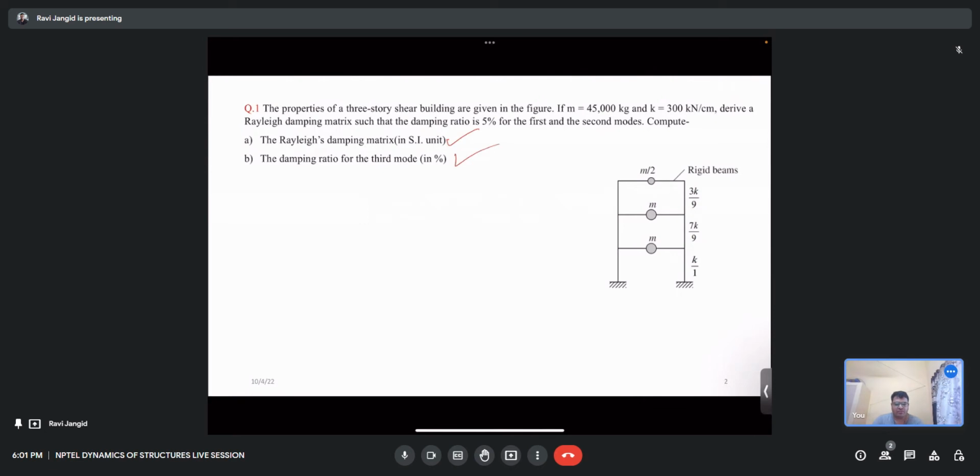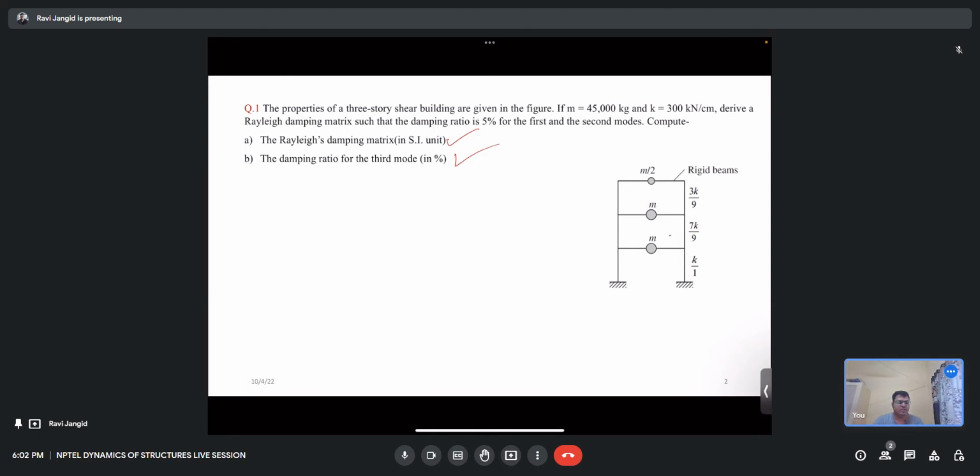For this, in multi-degree of freedom, the first part is to generate the mass matrix and the stiffness matrix, and then we will need to find the eigenvalues and eigenvectors, because in every multi-degree of freedom problem we need the modal frequencies. So can you try to work out what the mass matrix will be for this?